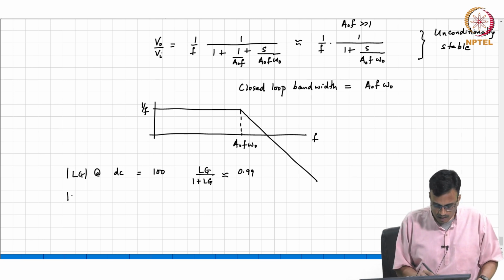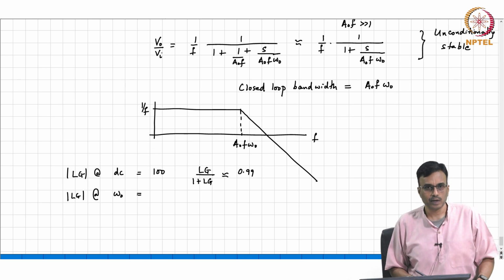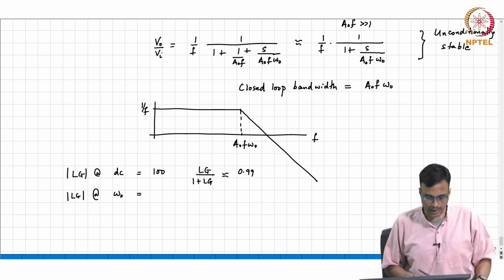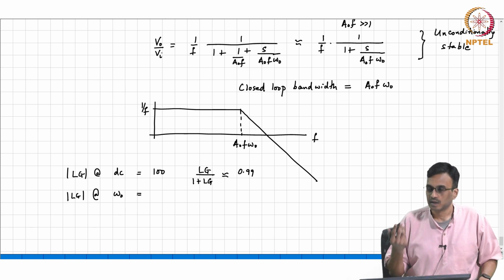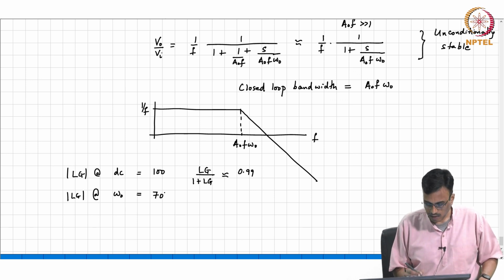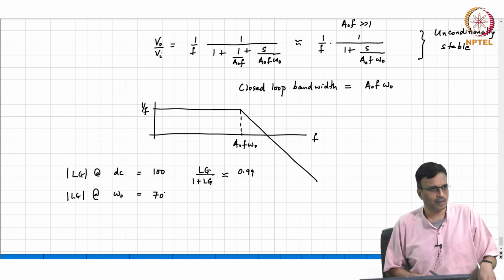Now, let us say we look at the bandwidth of the loop. The bandwidth of the loop gain function is omega naught, correct. So what comment can you make about the magnitude of the loop gain at omega naught? Roughly 70, right. It is actually a complex number, it is 70 angle minus 45, right.